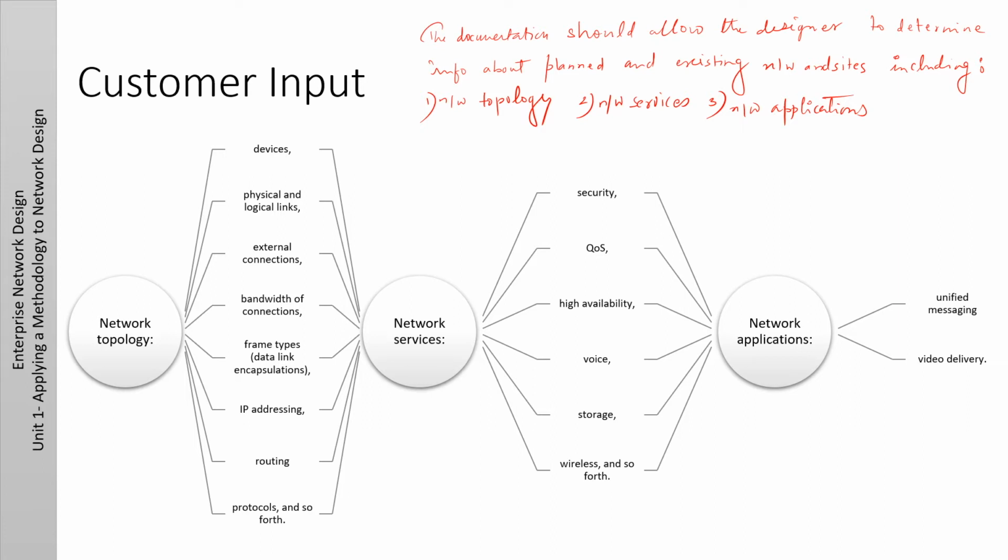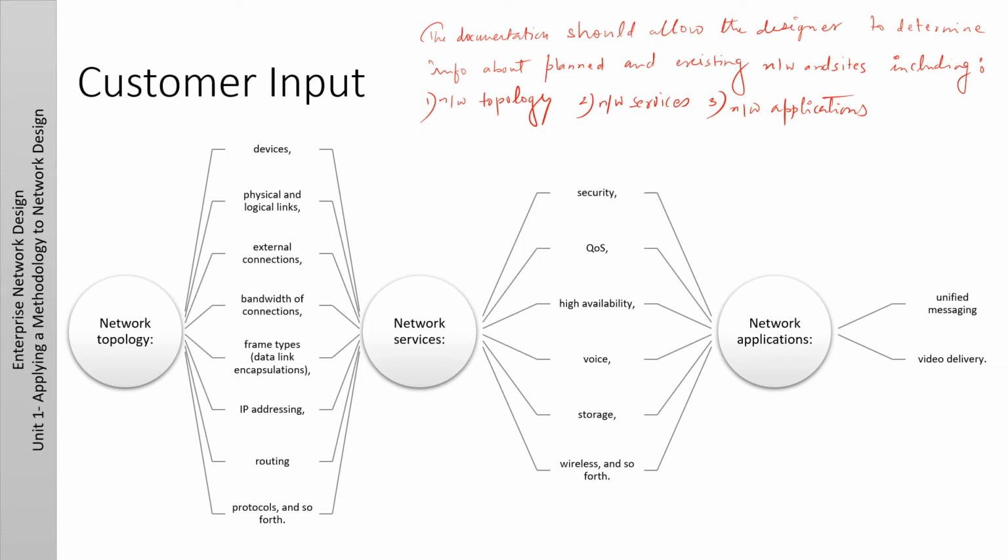Then the existing network infrastructure from the logical topology diagram, including addressing scheme and routing protocols in use, and the infrastructure services supported such as voice, storage, and wireless services, and information about expected network functionality.